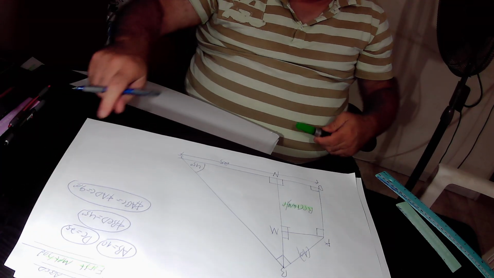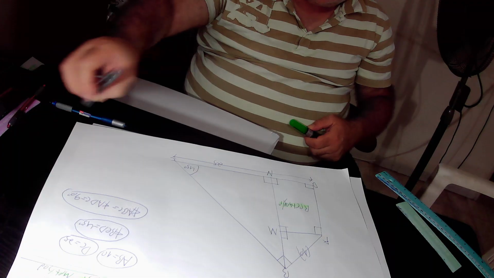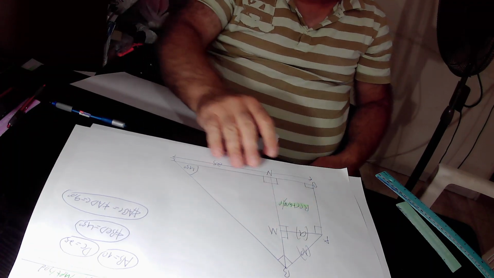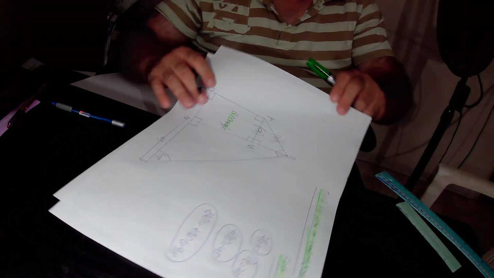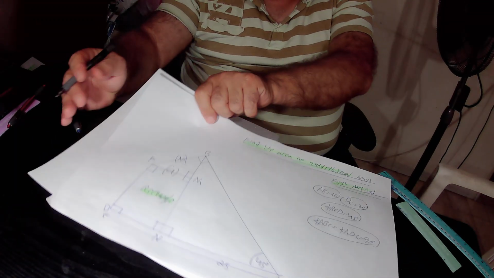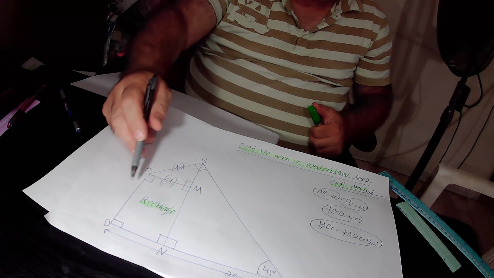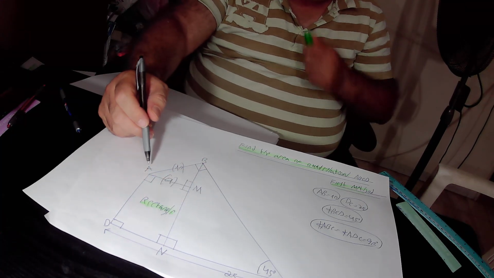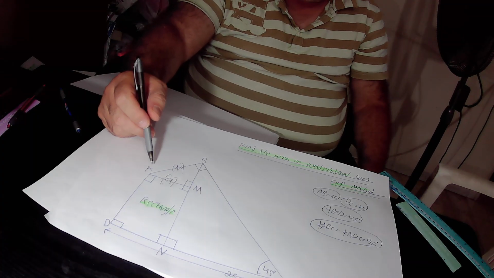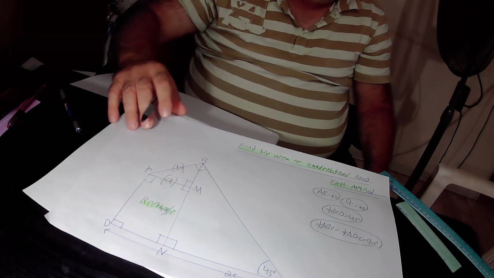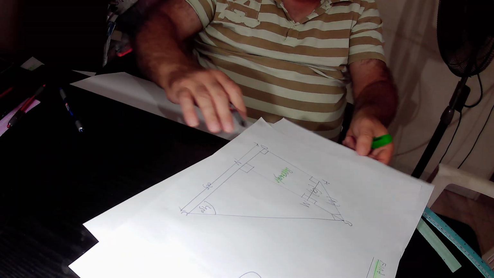We define the length of side AM as a. So in rectangle AMND, side AM must be equal to the opposite side DN, because the opposite sides of a rectangle are equal to each other. AM is a, therefore the opposite side DN must also be equal to a units in length.